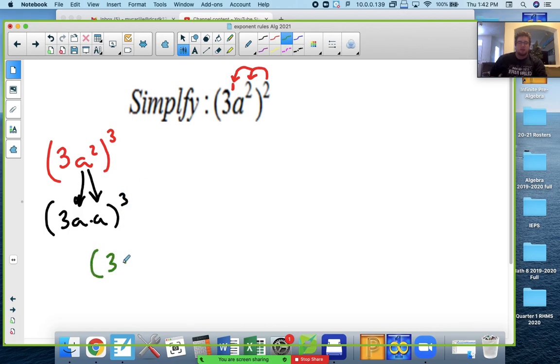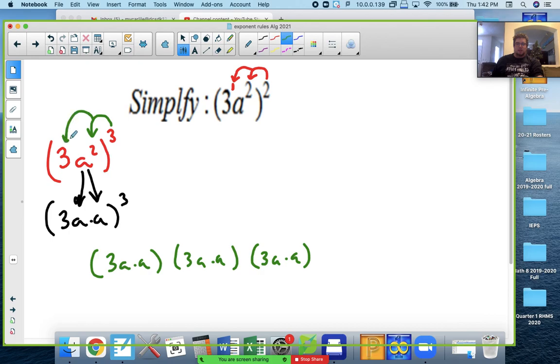I have 3a times a, 3a times a, and I have 3a times a. So we see that this 3 equally affects a's as much as it does our coefficient of 3.